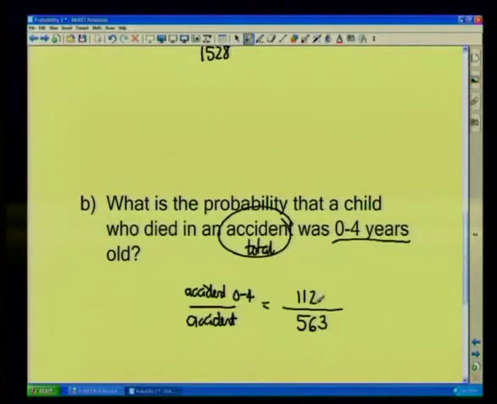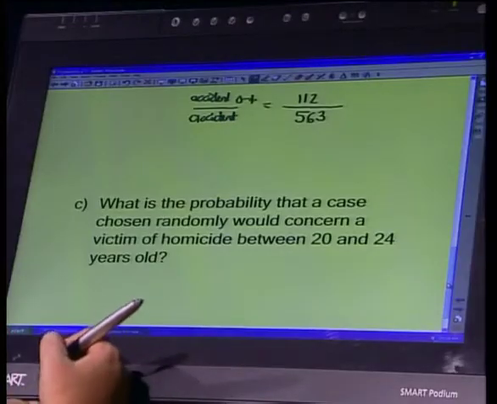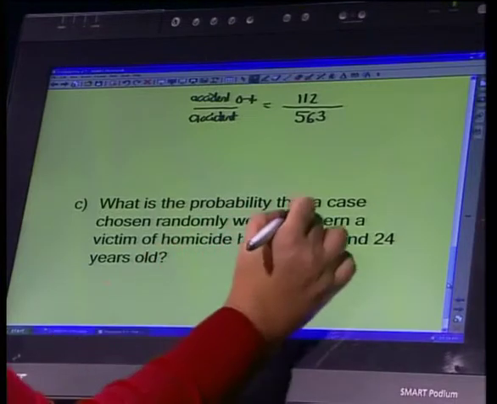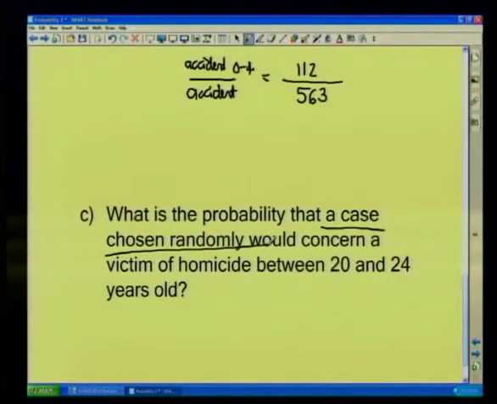So that will be your numerator. Okay, and what is the probability that a case chosen randomly would concern a victim of homicide between 20 and 24 years old? So when they're talking about a case chosen randomly, that would generally be your whole group.